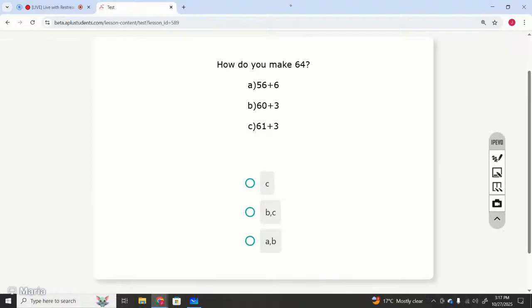How do you make 64? So, which is the correct option?